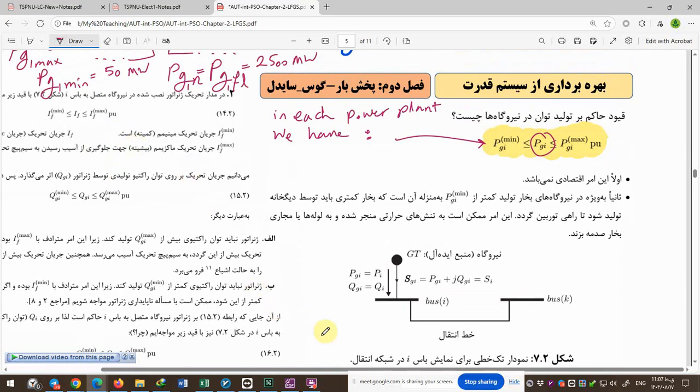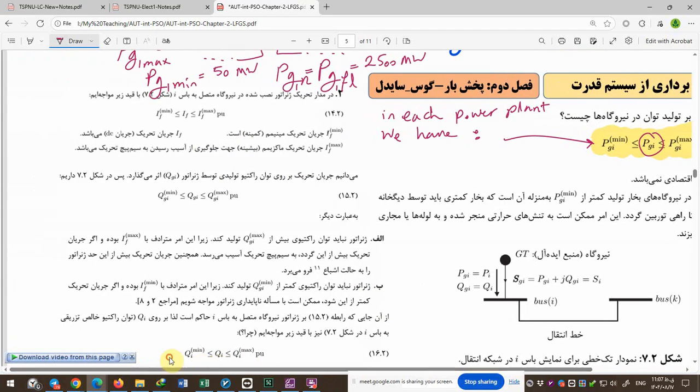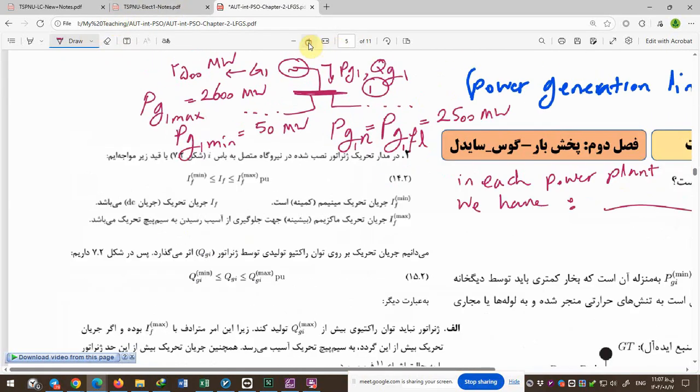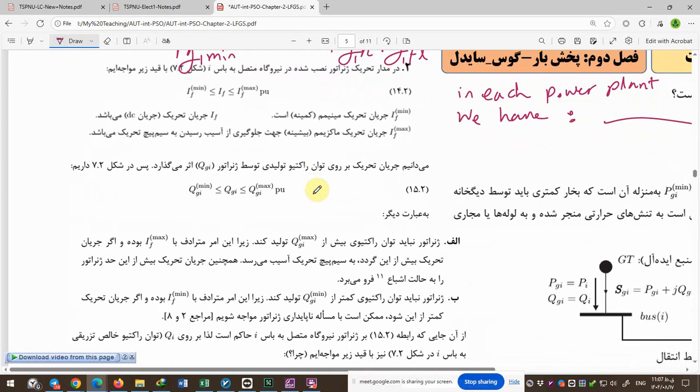Another important expression is about the limit on reactive power generation.